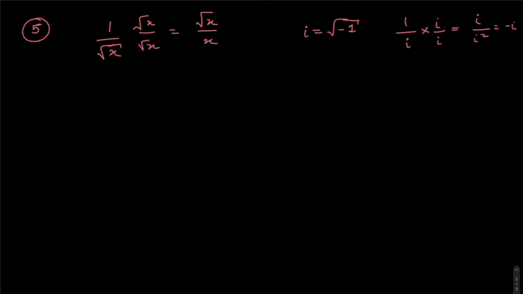Something like that. I'll erase this part, and I'll make a small note on the top right here. What I'll write is: we cannot have imaginary part in denominator. Okay, that's it.